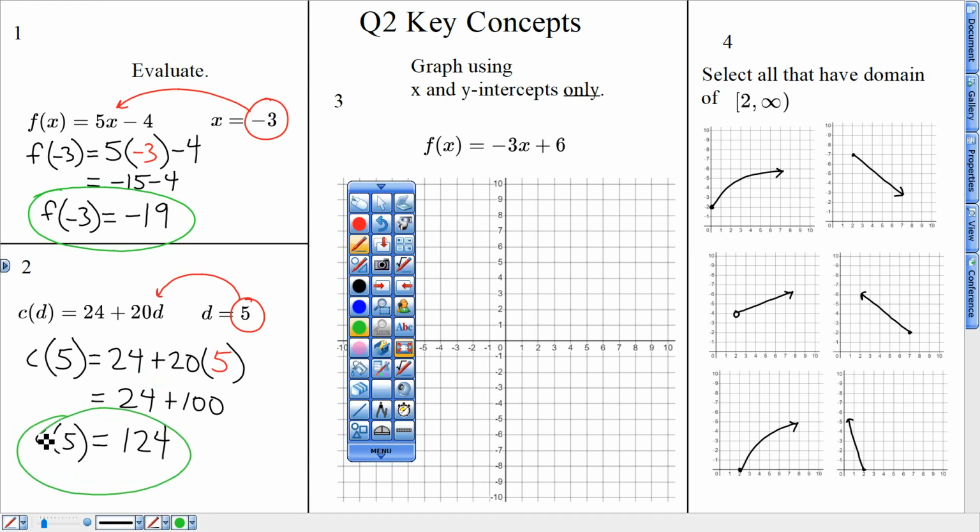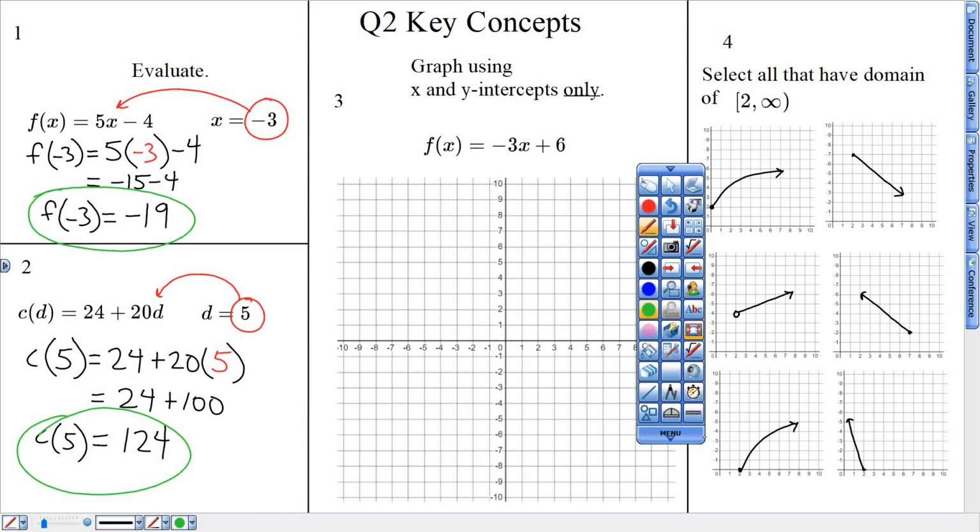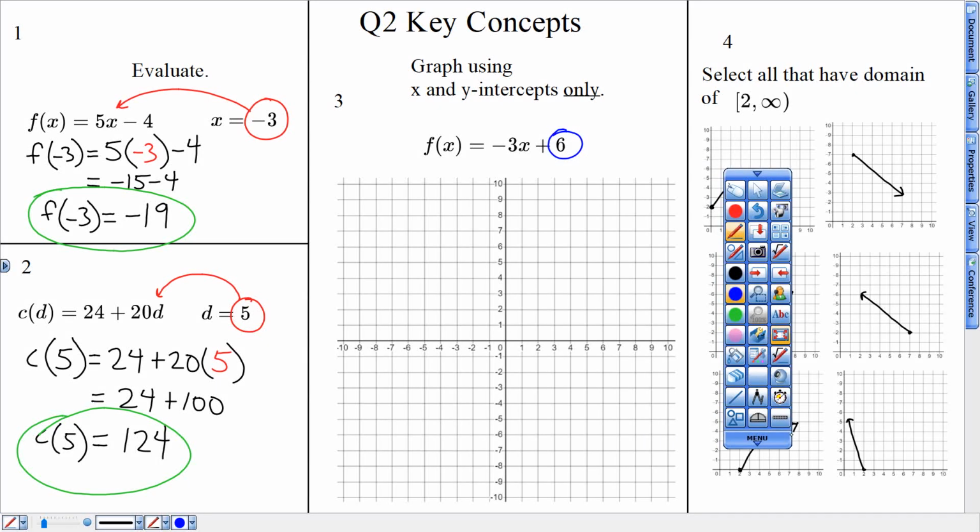All right, next problem, graphing using only the x and y intercept. So this number right here tells you where on the y-axis to put your first coordinate. That's the y-axis. This is the x-axis. So put my first point on 6 on that y-axis. And then technically with my pen on that point, now I look at this -3 number, which is my slope.